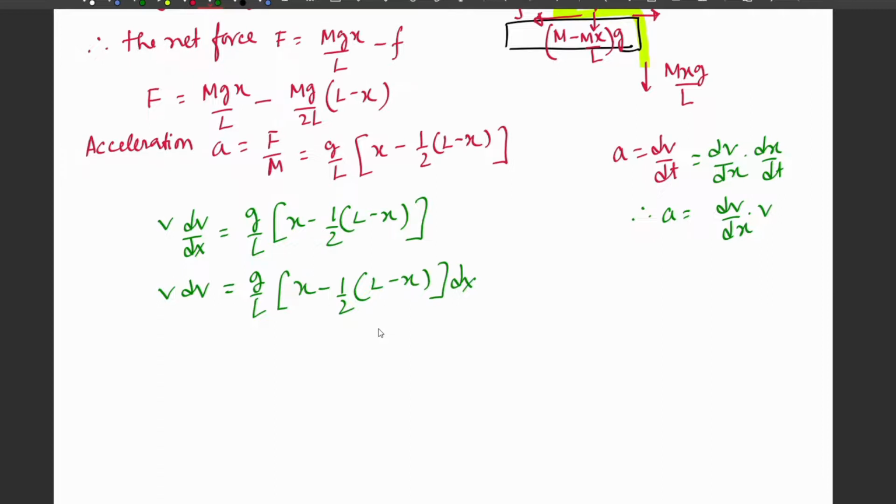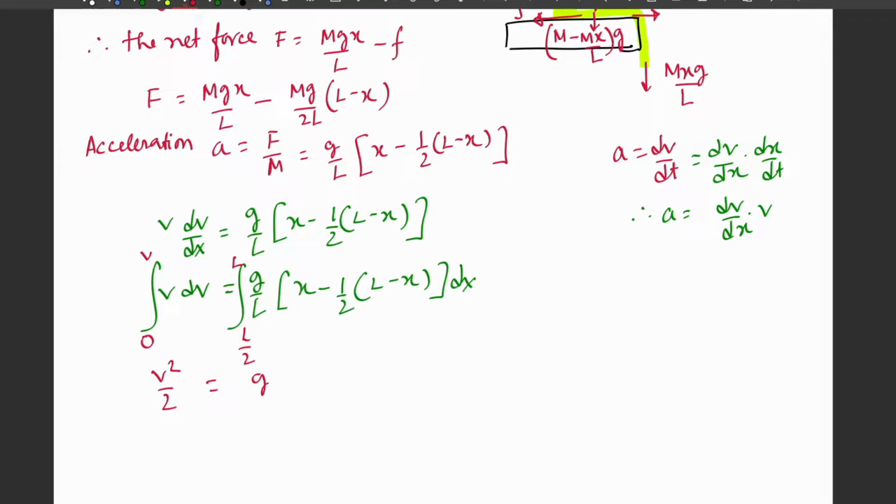Now we can integrate it. Whenever the length is L by 2, at that time it is released, so the velocity at that instant is 0. Whenever the length is L, at that time the velocity is v. We know that the integration of v dv is v square by 2.